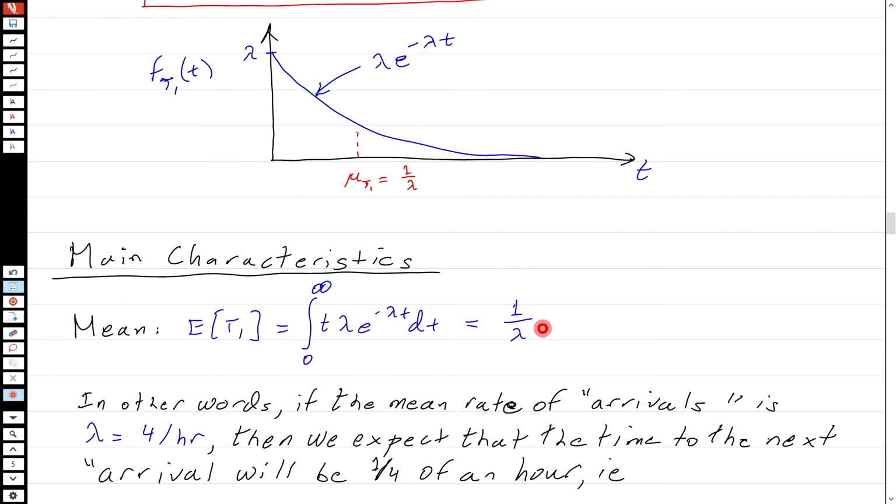We kind of saw this earlier. We were told the expected time between occurrences in that previous example was half a year. And that meant that on average our rate of occurrences is 2 per year. Well, that's just 1 over half. In other words, expected time between occurrences is 1 over the rate, or the rate is 1 over expected time between occurrences.